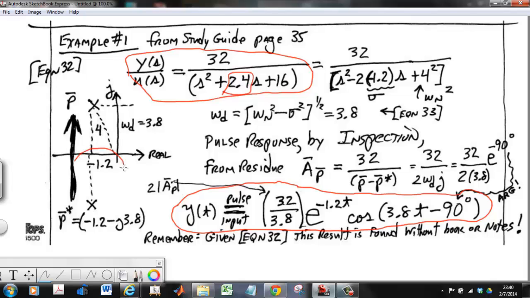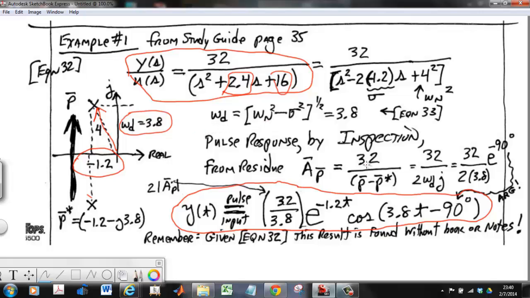This is omega n squared after that at 16, so my omega n is going to be equal to 4. So the line at minus 1.2 where it intersects 4 is going to be the location of my root. And by the Pythagorean theorem, I can find my omega d equal to 3.8 radians per second. My system is going to oscillate at 3.8 radians per second.